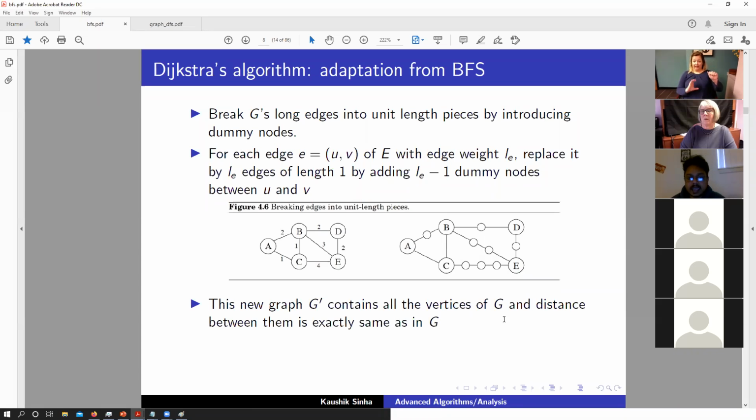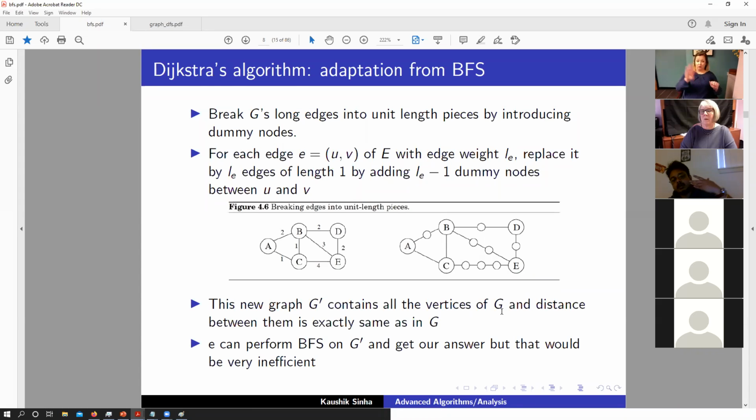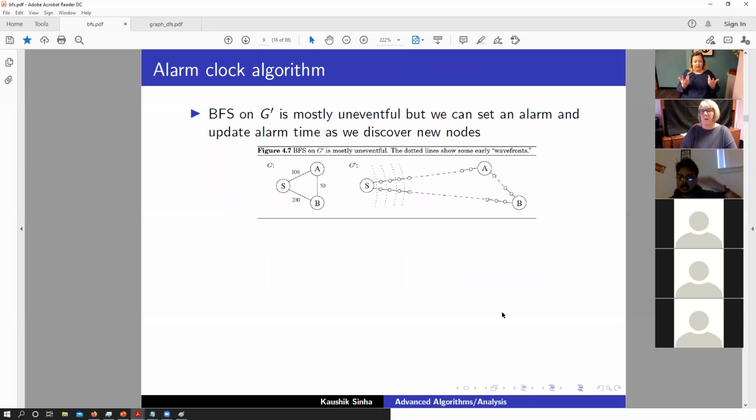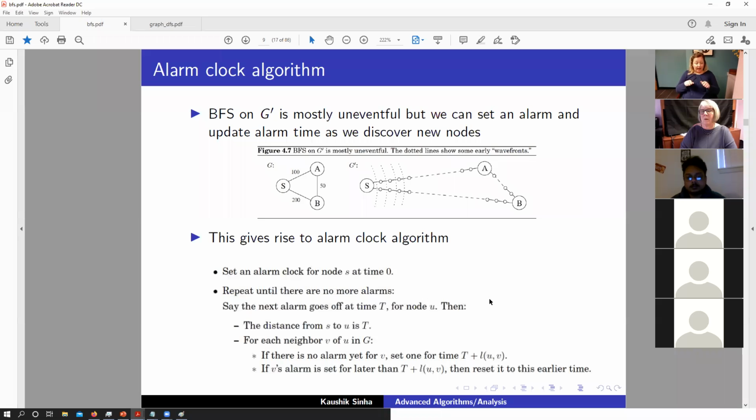So essentially we are adding these dummy nodes and then making our edges a single unit of length, and then we are applying BFS as normal and then figuring out whether that particular edge should be part of the shortest path or not, right? So you can imagine that this would first and foremost still make BFS applicable to our graph.